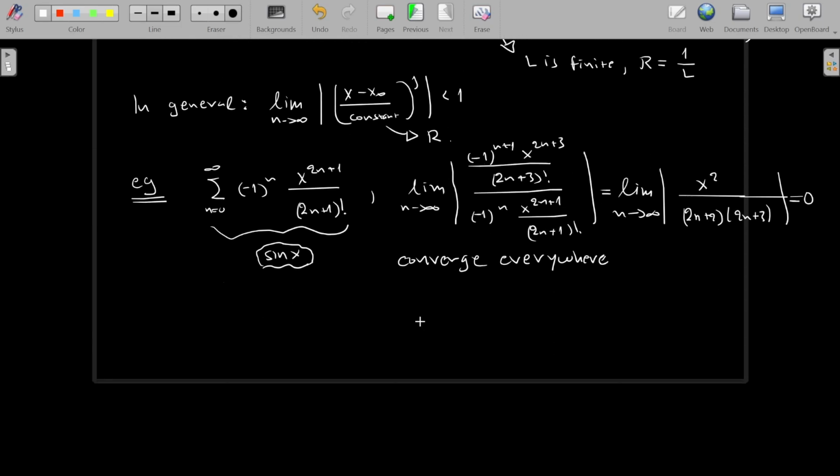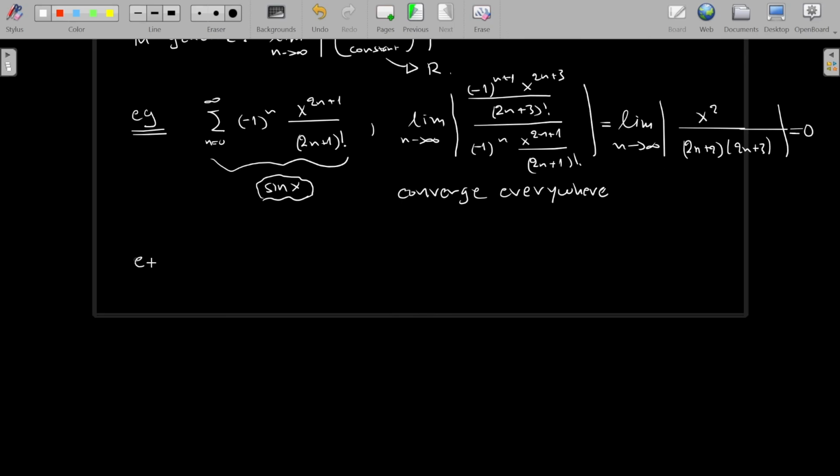Now let's take a case where we do get a finite number. Say we have the power series from 0 to infinity of x squared over 4, this is 4, supposedly, to the n.